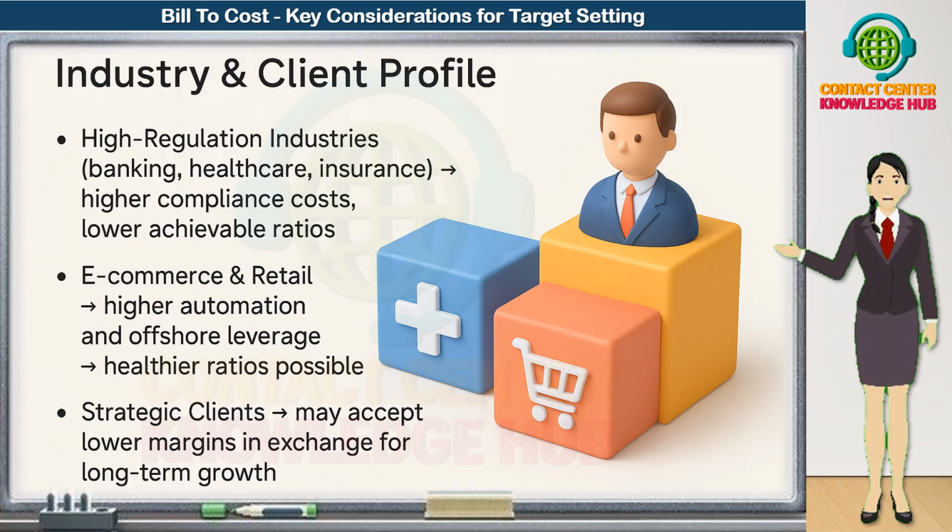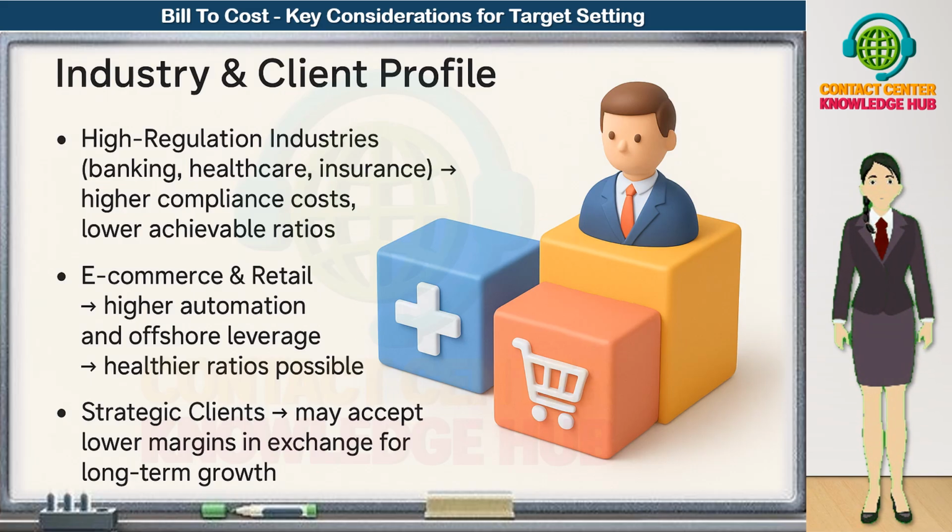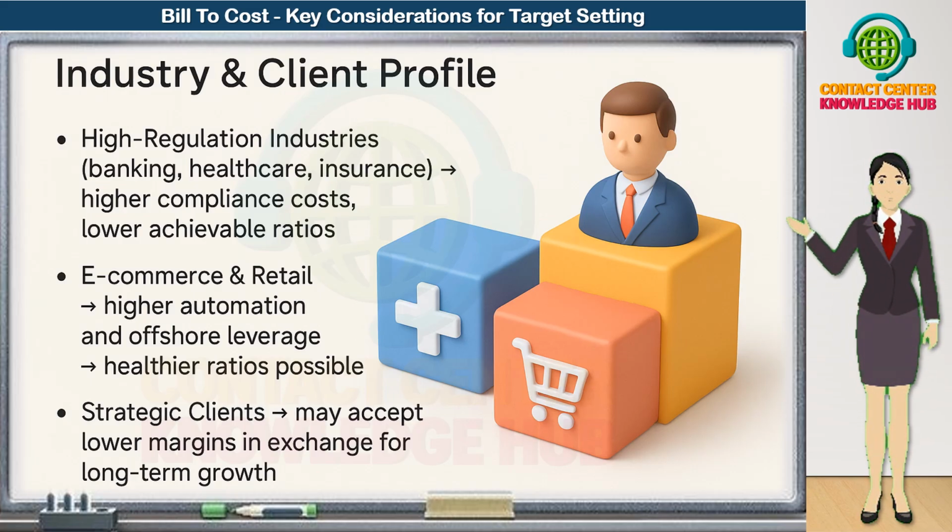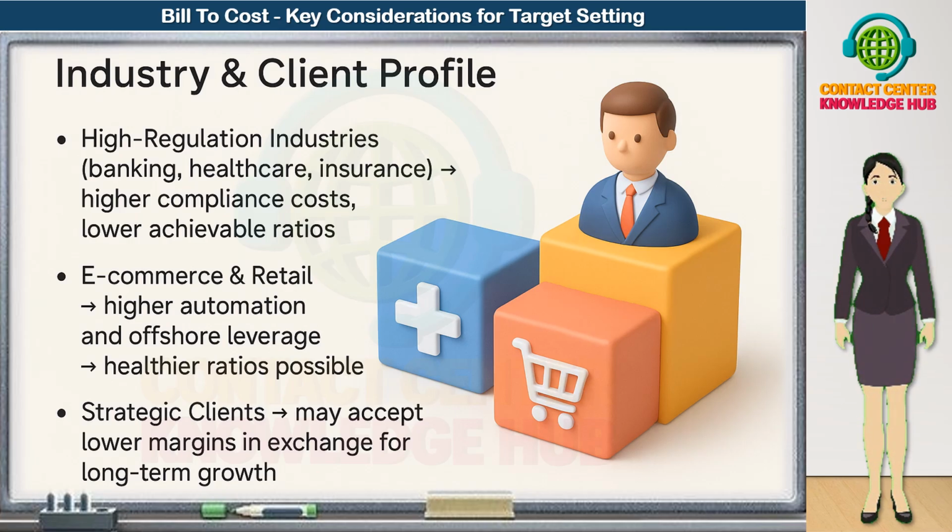On the other hand, e-commerce and retail environments typically allow greater use of automation, self-service, and offshore delivery models. This creates efficiencies and scale opportunities, enabling healthier and more flexible build-to-cost ratios.